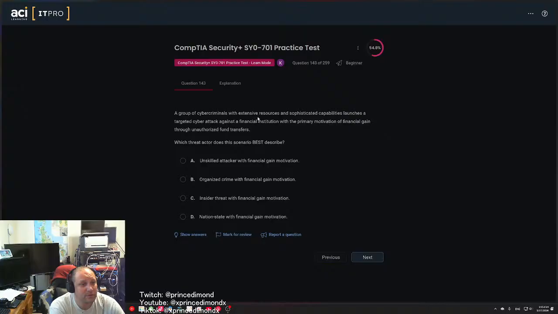Which group of cyber criminals with extensive resources and sophisticated capabilities launches a targeted cyber attack on a financial institution, with the primary motive of financial gain through unauthorized funds transfers?